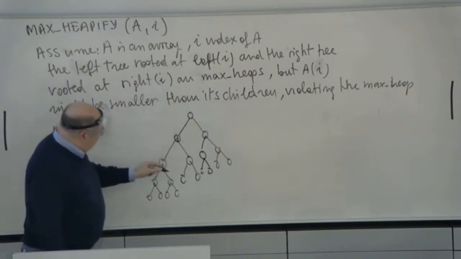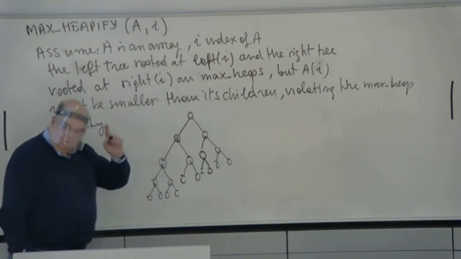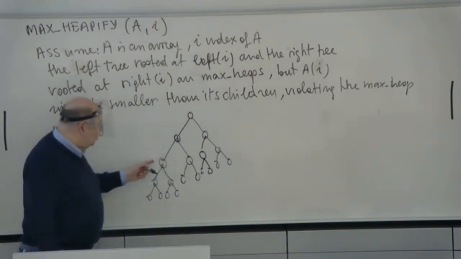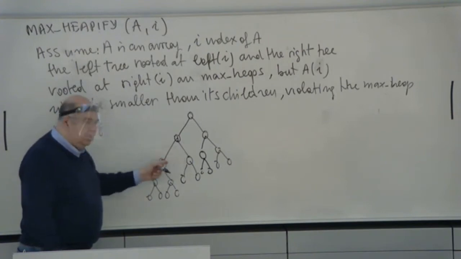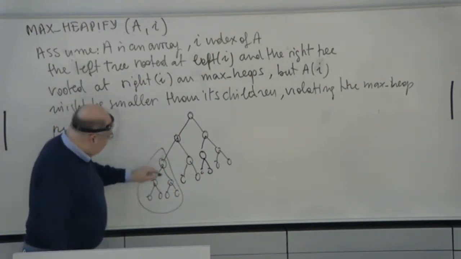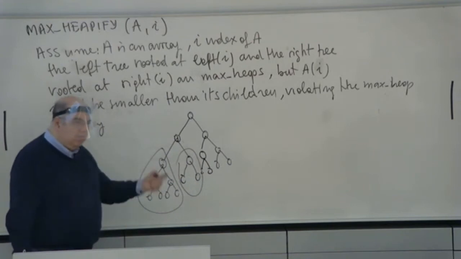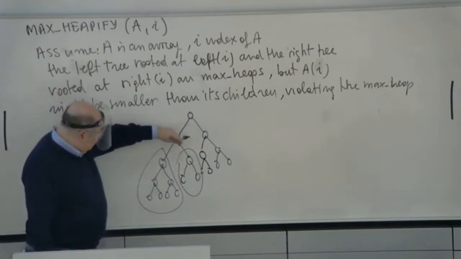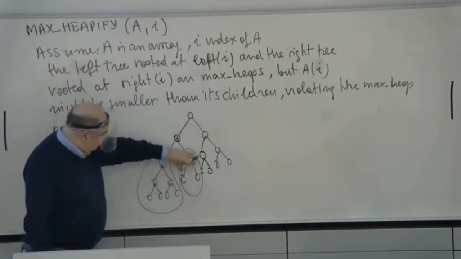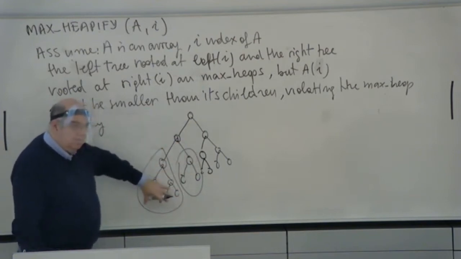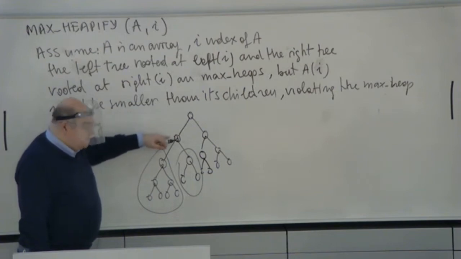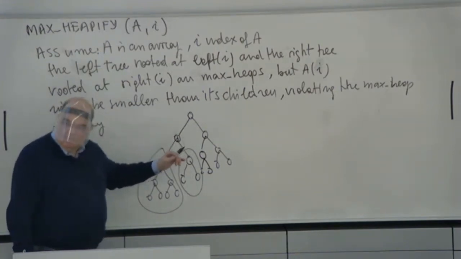The idea is that you assume that maybe this is wrong because it's less than at least one of its two children, but the left subtree and the right subtree are both max heaps. So they are okay by themselves. This is the maximum of what is below this, and this is the maximum of what is below this. This algorithm just takes this and fixes this special case.